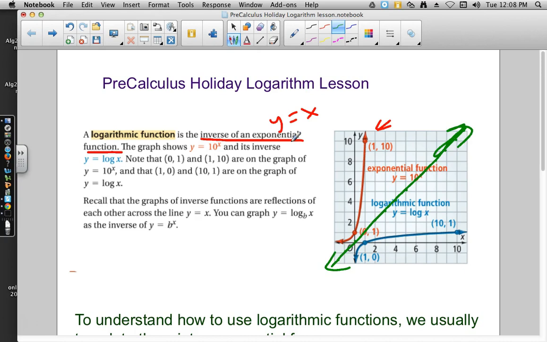And so the whole gist of it is that exponents and logarithms have to work with the same properties. If they didn't, then we wouldn't be able to use those to undo each other as inverses of each other. So when we see y equals logarithm of x, we need to think that's undoing a power.